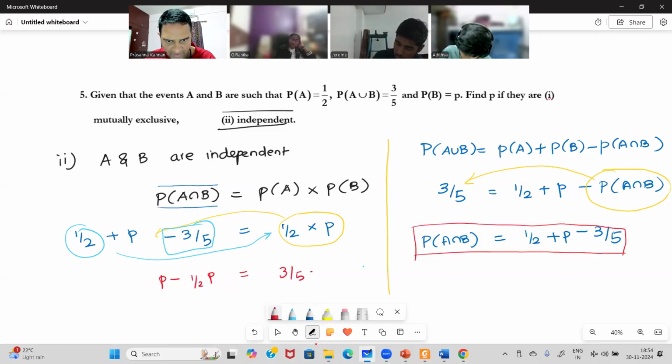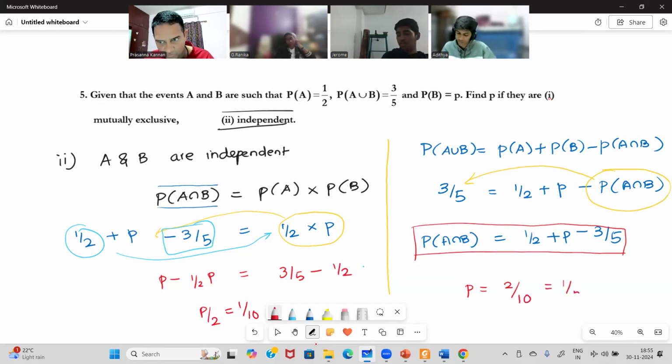Right. 3 by 5 minus 1 by 2, right? So what is P minus P by 2? P by 2. And this will be 6 minus 5 by 10, which is 1 by 10. So what is your P equal to? P is equal to 2 by 10, which is 1 by 5. The answer can never be greater than 1, correct? Yes. So the answer is 1 by 5.